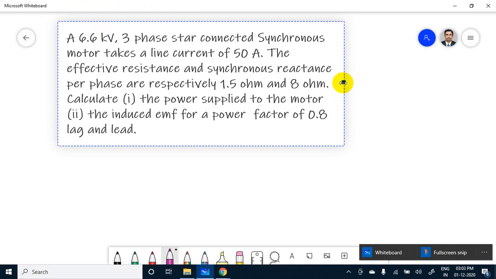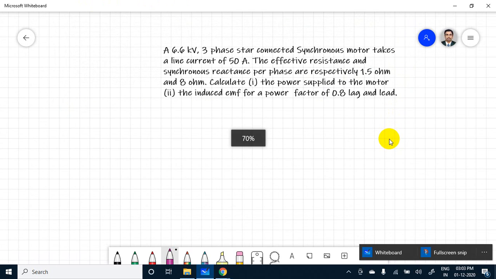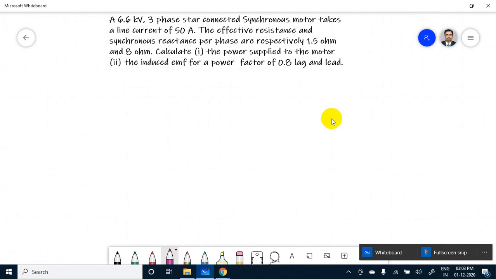Okay, and lead. Now we'll solve the problem. Solution. First step is solution.